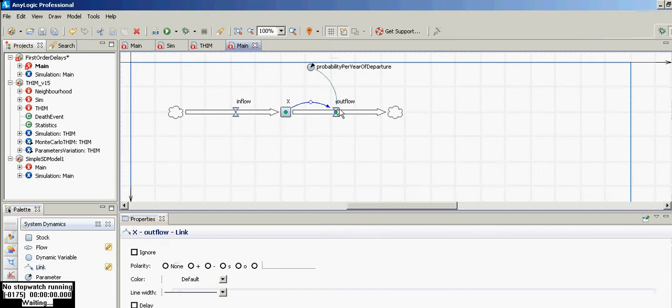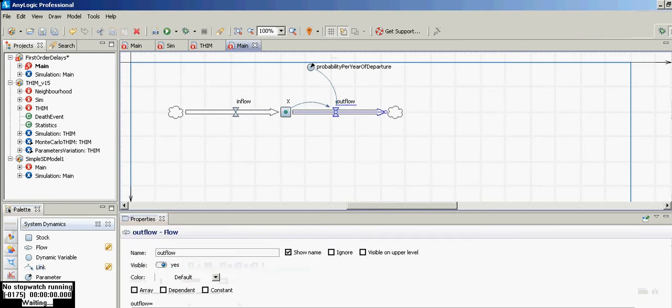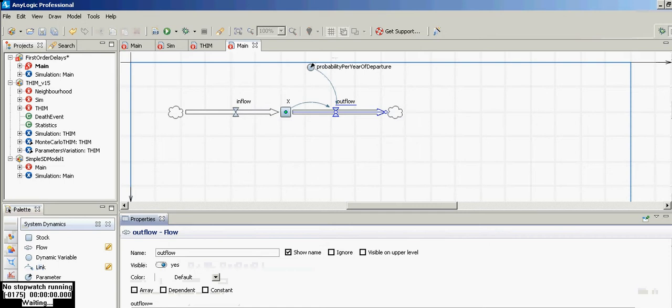The outflow. How does the outflow depend? Remember, ladies and gentlemen, in system dynamics, you do not specify formulas for the stocks. The dynamics of the stocks, the change in stocks over time, is dictated by the what? By the flows. For what do you specify formulas? For the flows, and for any variables that are just convenient names for formulas.